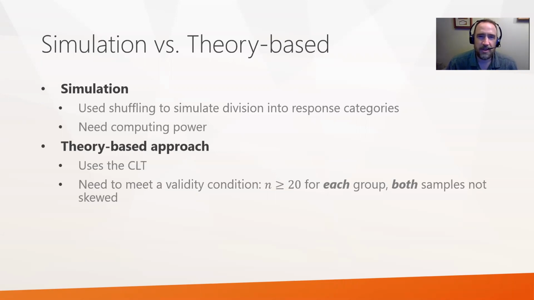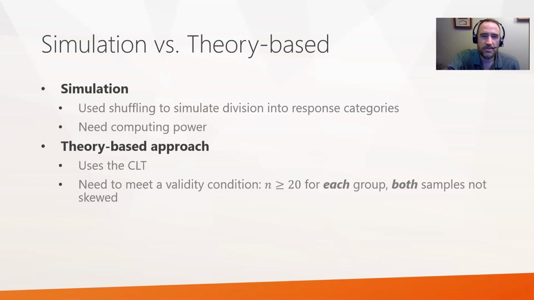So for a long time, people have used a theory-based approach. It's good for you to know about it. And also when we have large sets of data, a theory-based approach can be the right choice because it gives us the same answers as a simulation, and it won't bog down the computer when we have a large set of data. We'll take a look at an example of one like that today.